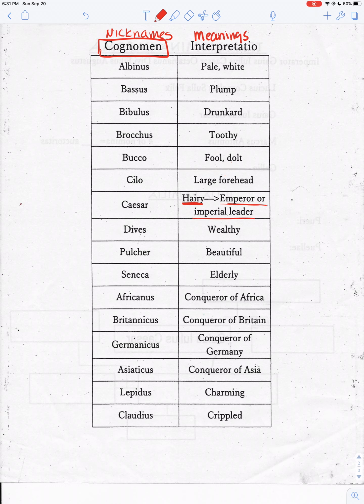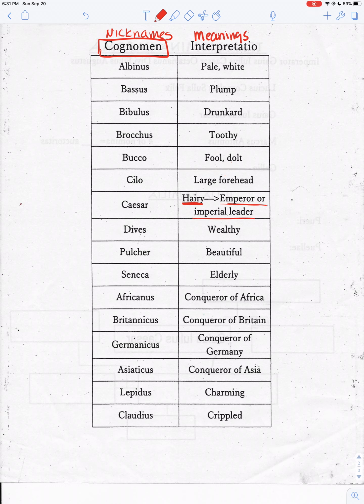So hail Caesar meant you're hailing an emperor or a great leader. We also get the word Tsar eventually from Caesar, meaning the king or emperor. Dives, wealthy. Pulcher, beautiful. Seneca means elderly.